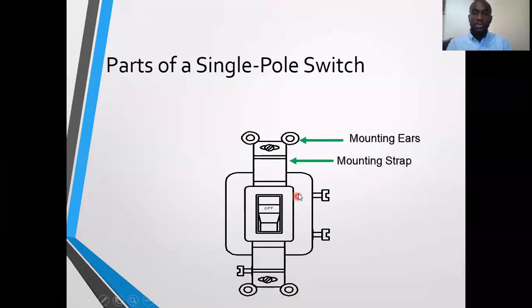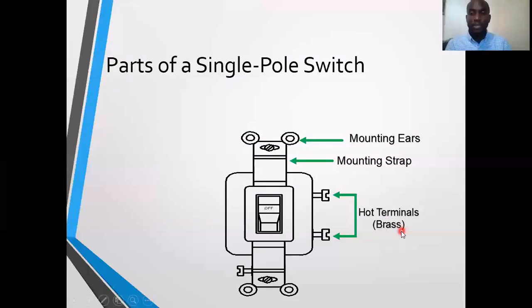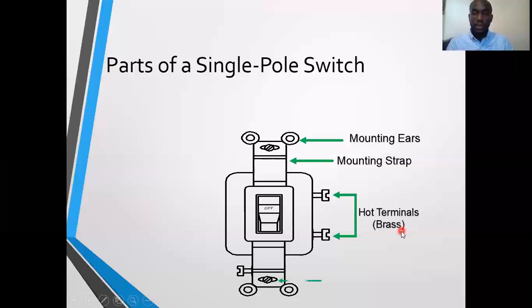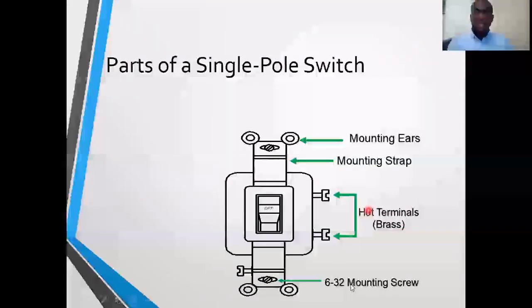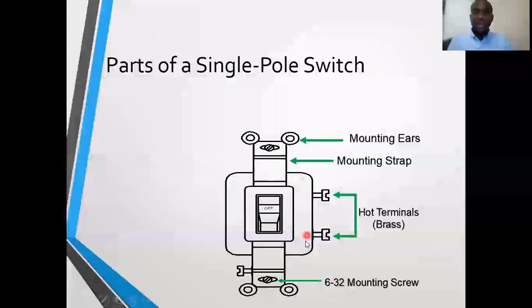You have the mounting strap, which is also at the top and also at the bottom of the switch. There are hot terminals, which are brass and or bronze in color. We have the 6-32 mounting screw used to keep the switch fastened into the device box.